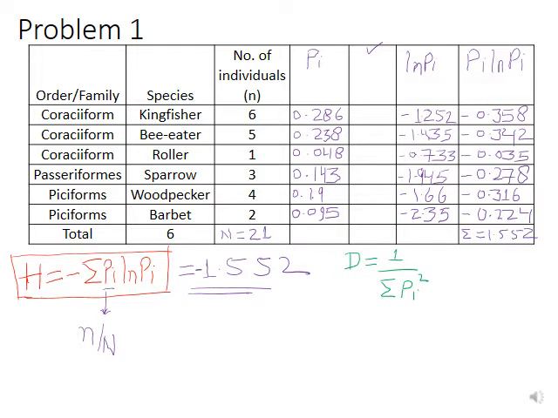See, pi we have here, we just need to do the square of this value. Square of this value is 0.534.